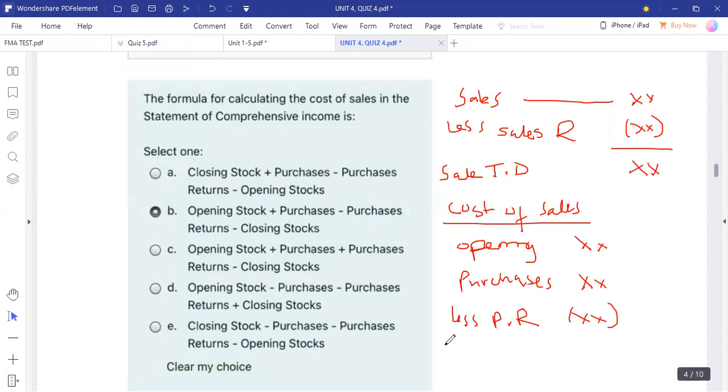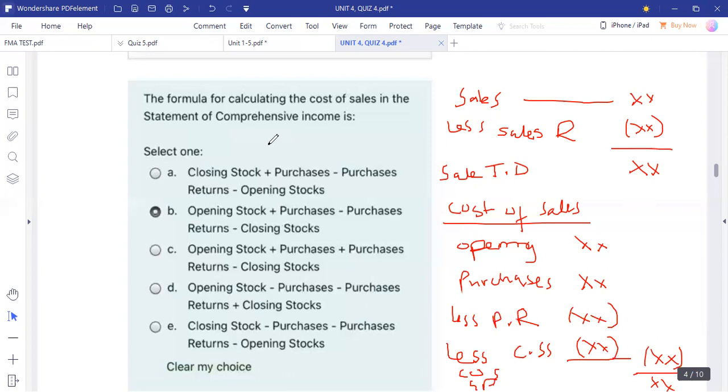Then after this, we're going to less what? The closing stock. When we less our closing stock, these collectively will be called the cost of what? Sales. Cost of sales. So cost of sales, the total will give us what we call the gross profit, or GP.